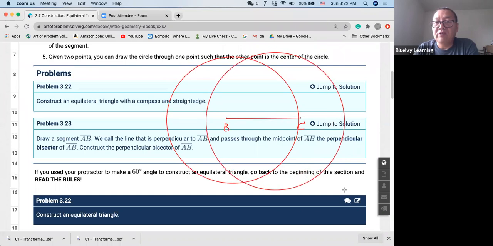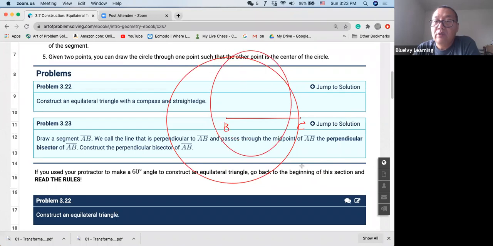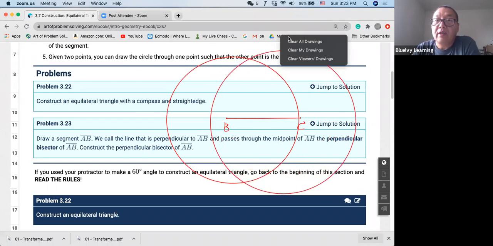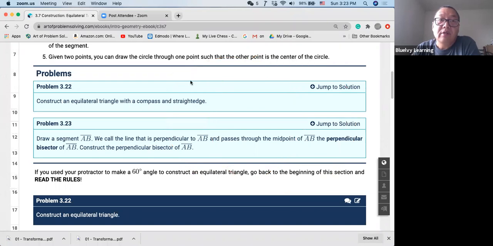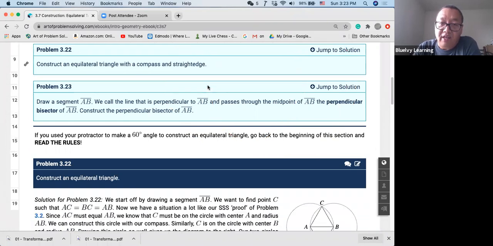Because on the screen I cannot use a compass, it's harder for me to draw that. But I already told you, use another point, you also can draw a circle.